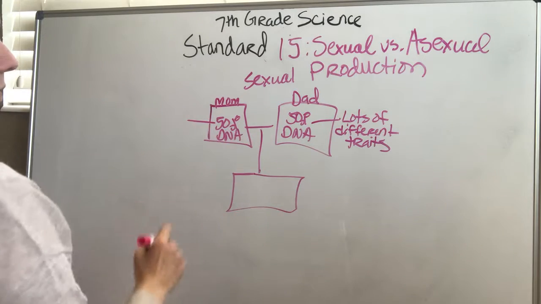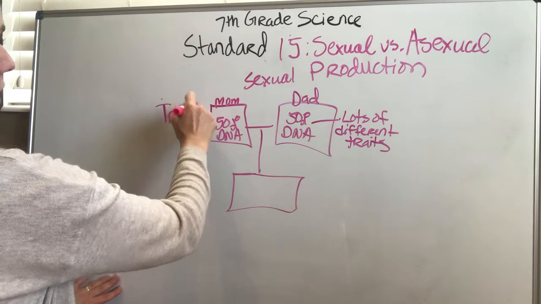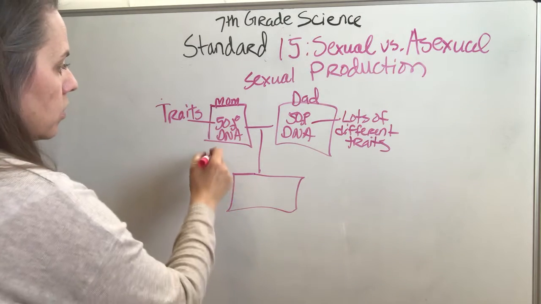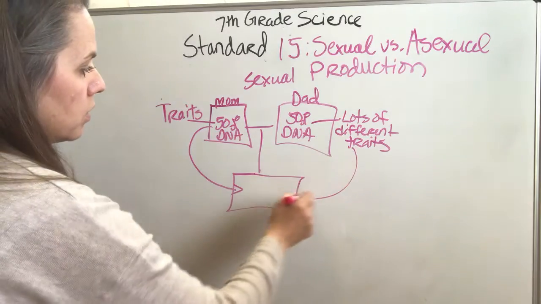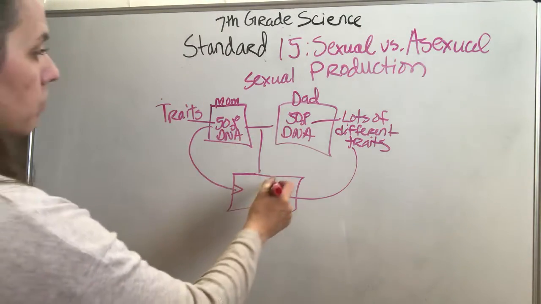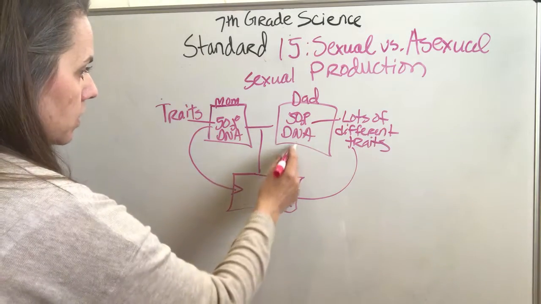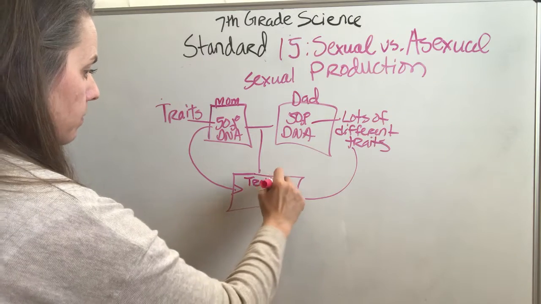And so does this. So traits, same thing, lots of different traits. And so these different codes for traits go into the offspring, and the offspring will randomly have some from dad, and some traits from mom.